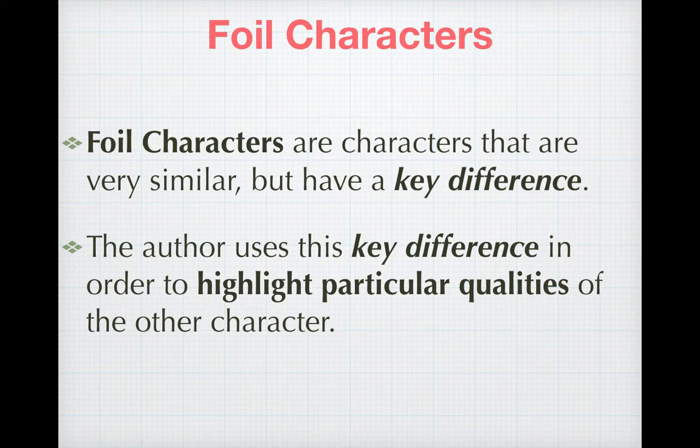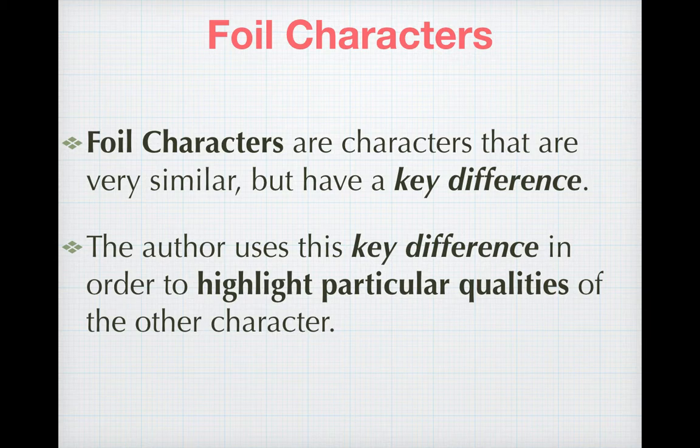So there are a couple examples of foil characters in The Outsiders. Today we're going to talk about one pair, but there are quite a few. Again, a foil character: these are two characters that are very similar, but they have one difference, and that difference is what really sets them apart. To give you an example from a book that we've read, you might consider Jonas and the Giver.